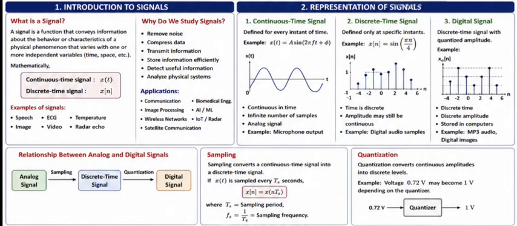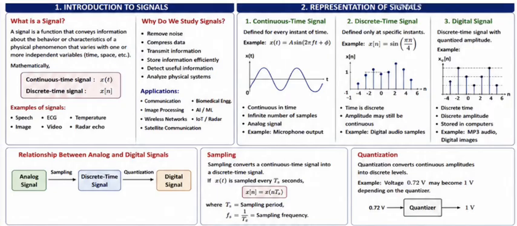Whenever I want to analyze a system, I need a signal to analyze the performance of the system. Because of all these reasons, we study signals, and they are used in multiple applications, including biomedical engineering, communication, image processing, wireless networking, and satellite communication. Everywhere signal plays a vital role.